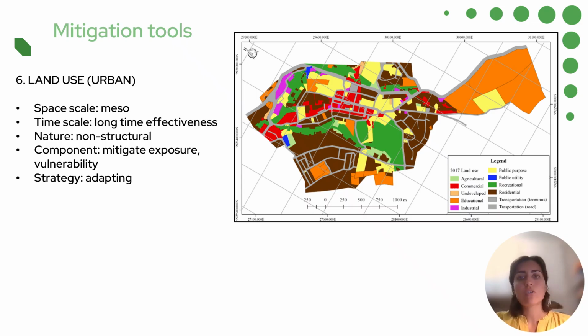This is a non-structural measure applied at a mesoscale, with long-term effectiveness, since once planning rules are in place, their influence lasts for decades. It follows the logic of adaptation, learning to live with the risk by reducing the vulnerability of cities and communities.